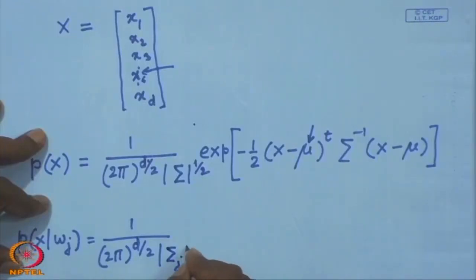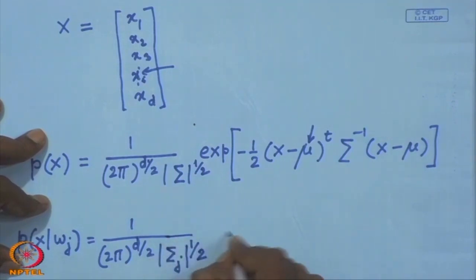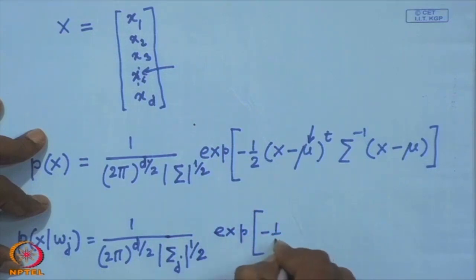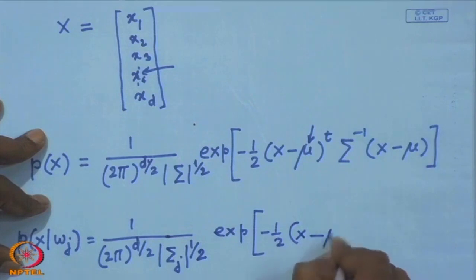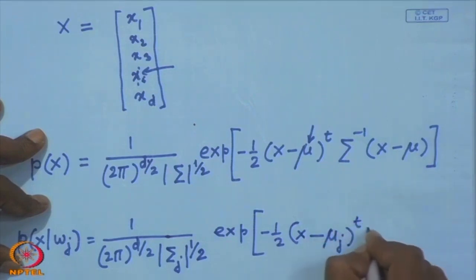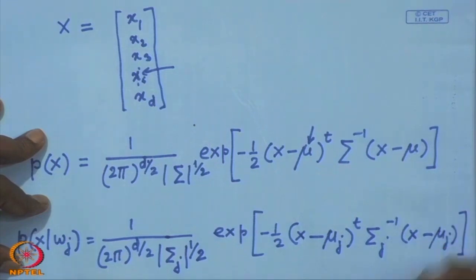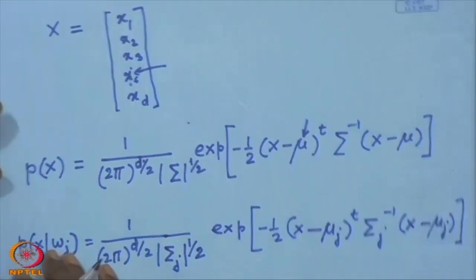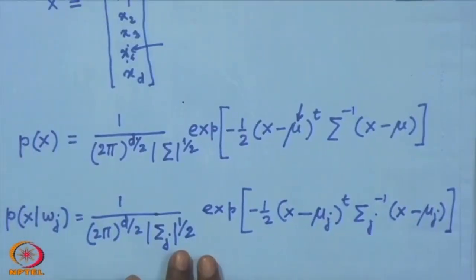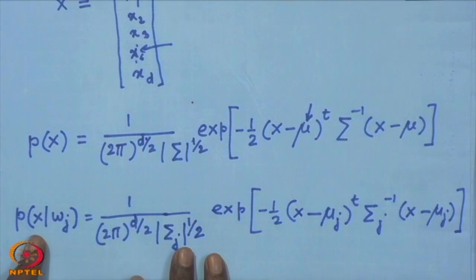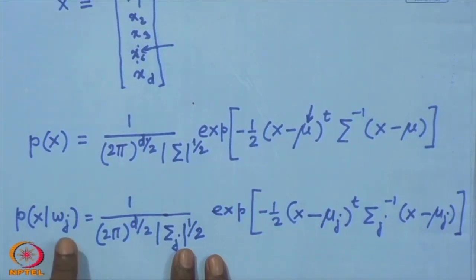So, it will be determinant sigma j to the power half, and the exponential term will simply be minus half into (x minus mu j) transpose sigma j inverse (x minus mu j). Okay. So, this will be the expression of the class conditional probability density function for all the vectors x or sampled vector x taken from class omega j.